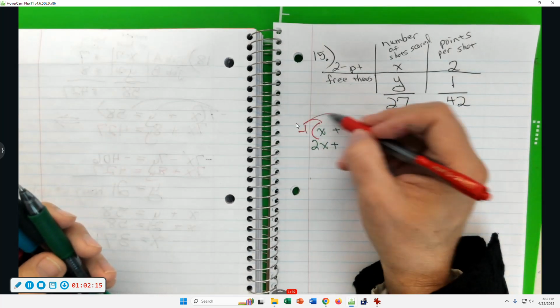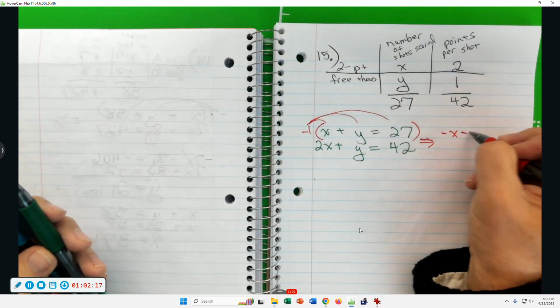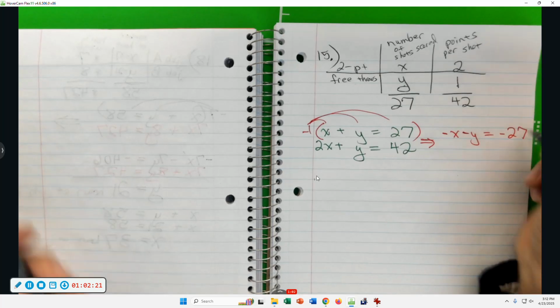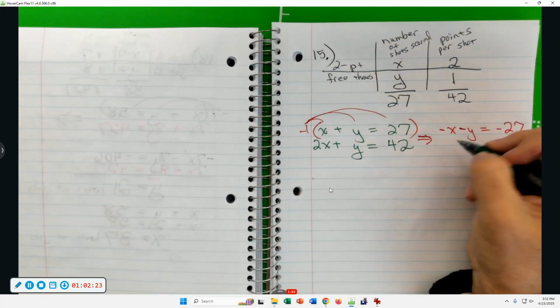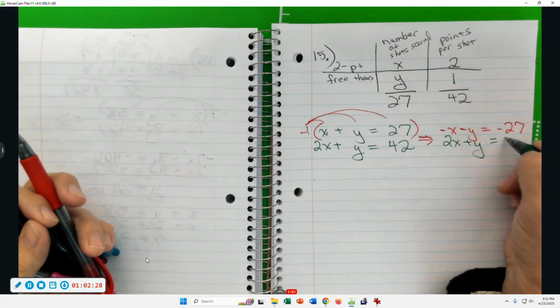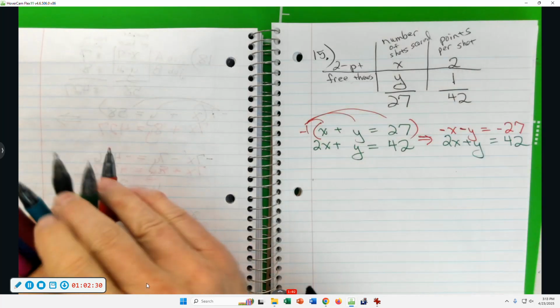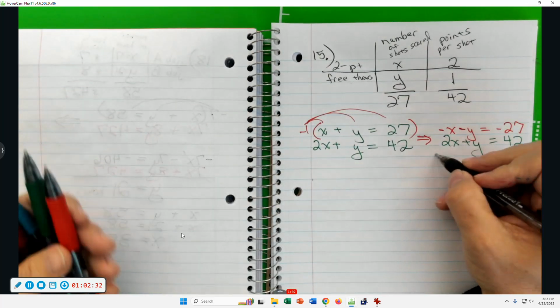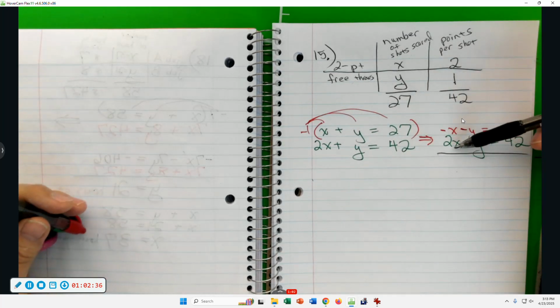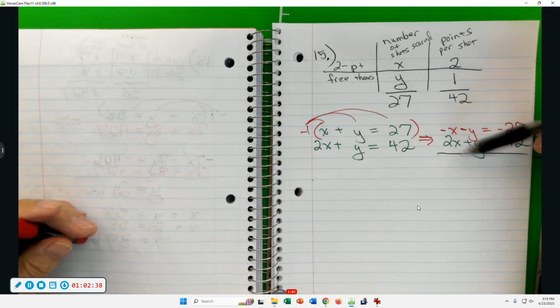We're having to distribute. Okay, equals negative 27. And that second equation is not changing: 2x plus y is equal to 42. Adding the two together, negative 1x plus 2x gives me x.